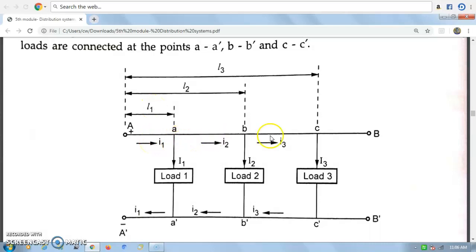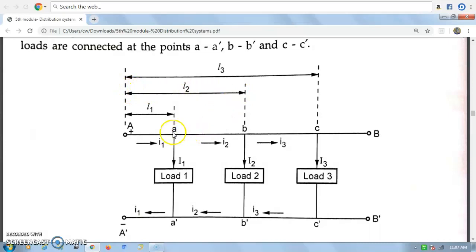Next, section A to B, how much is the drop here? The current is small I2, and the length here is L2 from here to here.